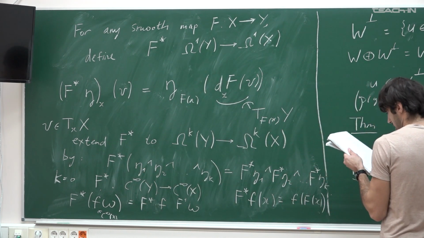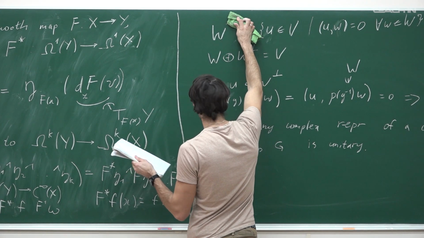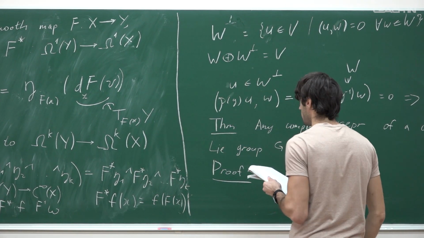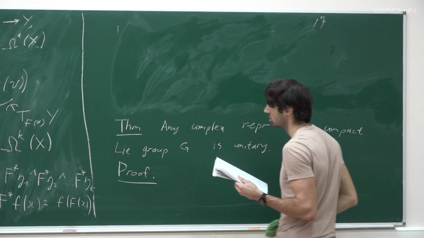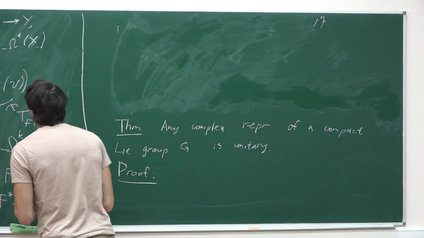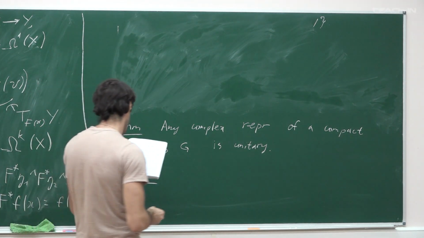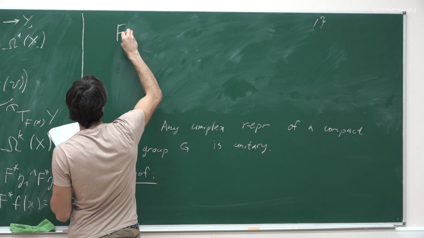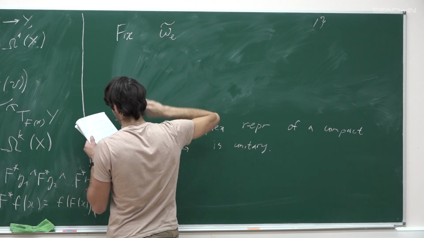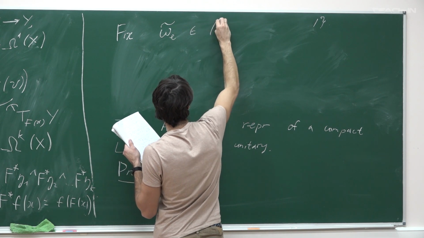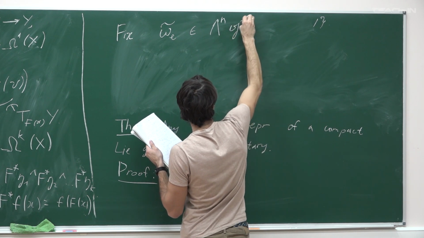And then let's go back to this setup where my manifold is G, both x and y are G, and f will be just left action by some element in G. But first what I need is to fix some element in the top exterior power of g star.